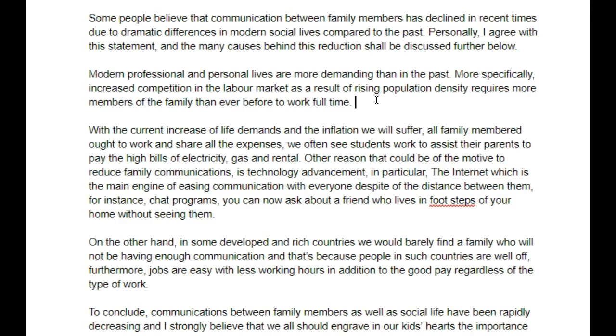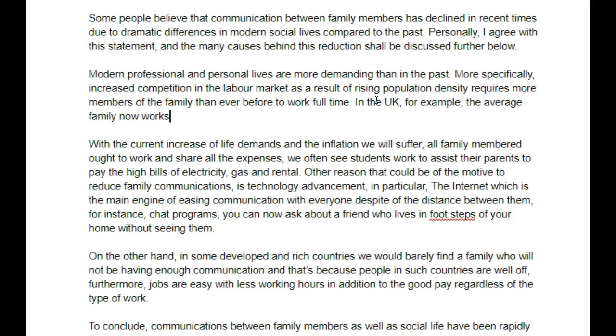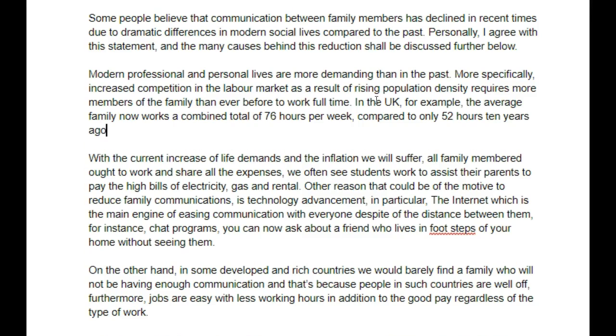So let's say in the UK, for example, the average family now works a combined total of 76 hours per week compared to, either's fine, compared to only 52 hours 10 years ago.